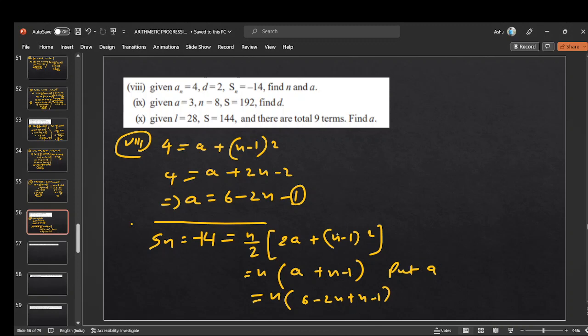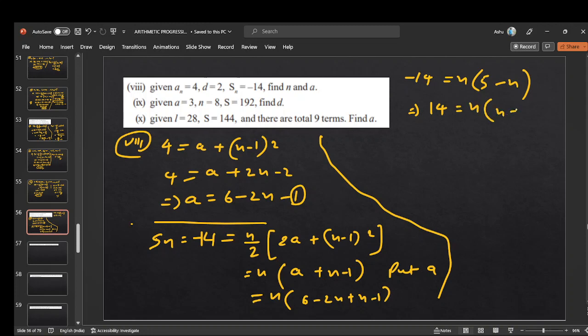Then we got Sn, that means minus 14 will be n into 6 minus 2n minus n, 6 minus 1, 5 minus n. Clear? Here we can write 14 equal to n into n minus 5. Then we should choose such a number.